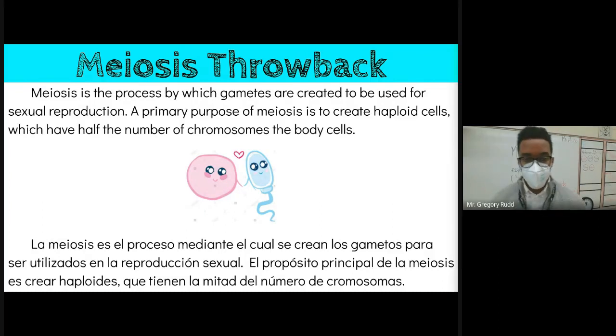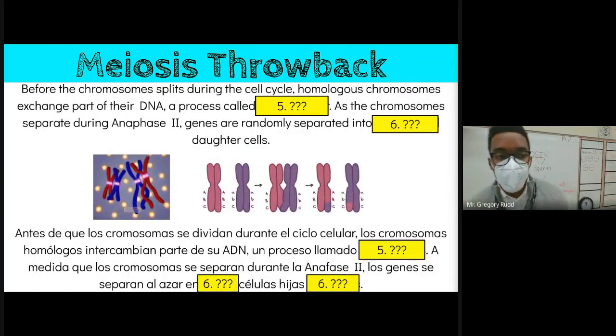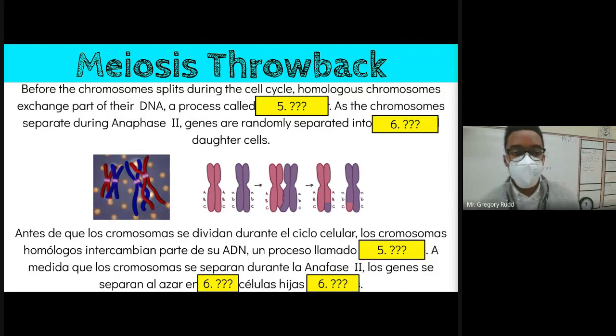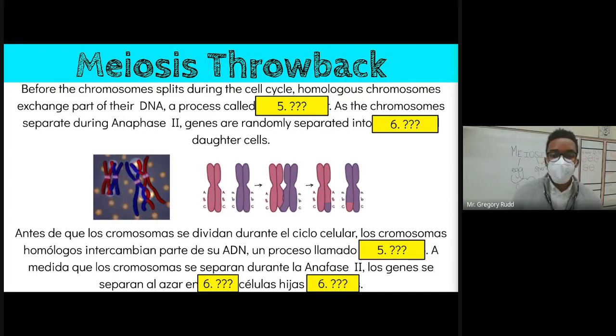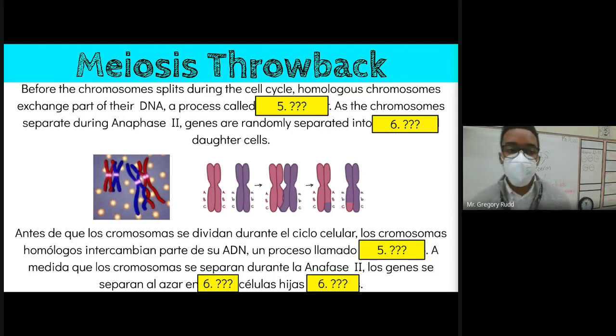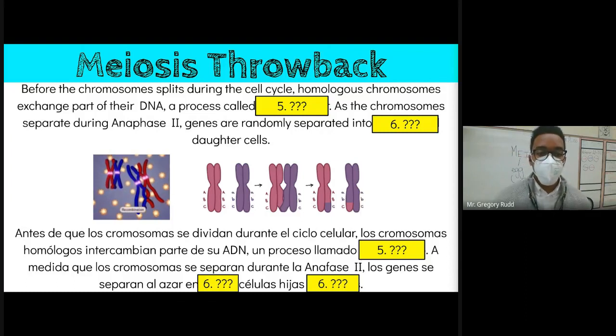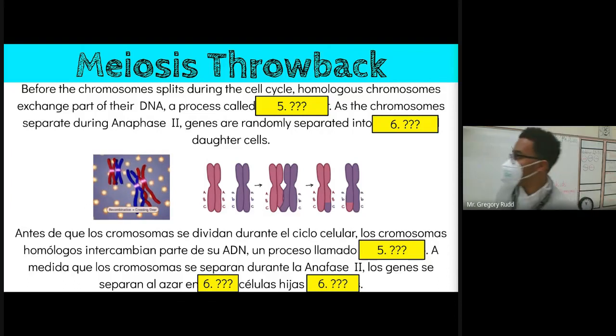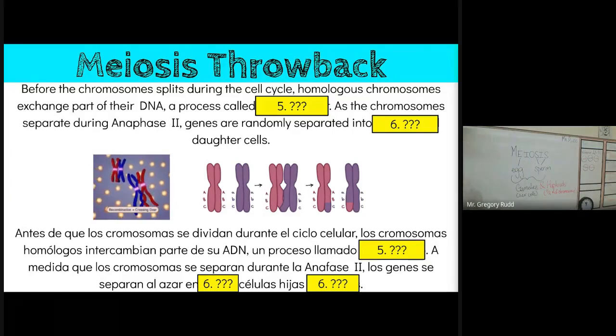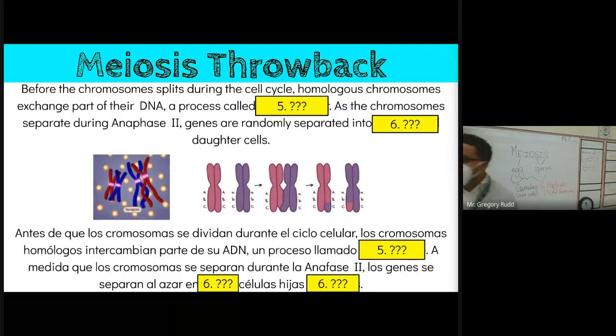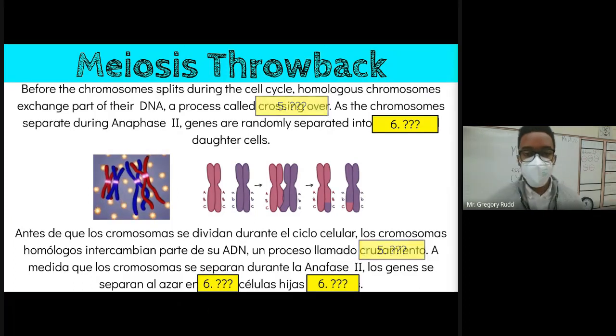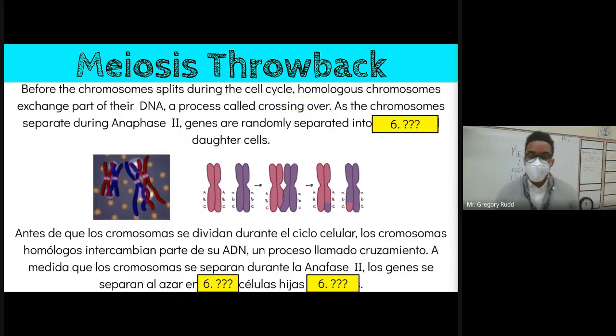Okay. Next sentence. Before the chromosomes split during the cell cycle, homologous chromosomes exchange part of their DNA in a process that's called what? When they literally exchange part of their DNA. Crossing over. Good.